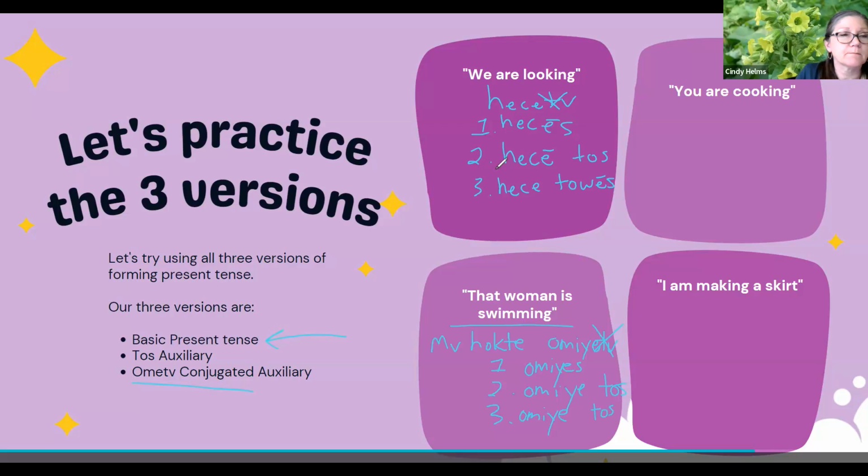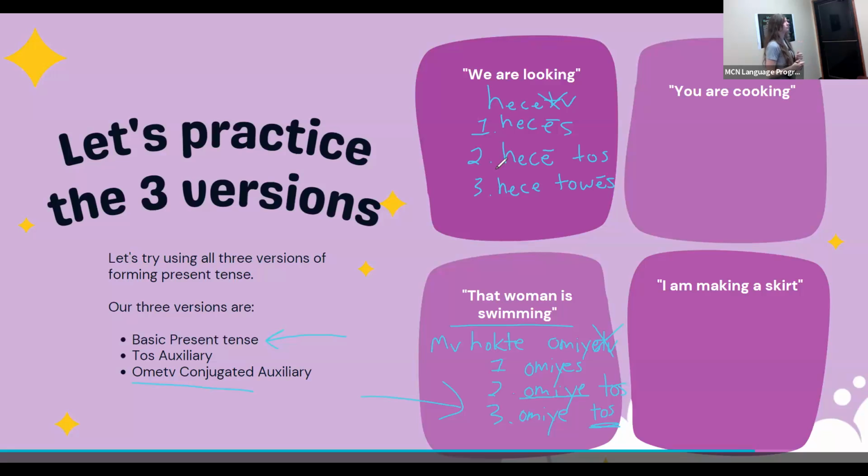So 2 and 3 in third person singular look the same. Omeidos, omeidos. Because dos is conjugated for third person singular, and this is the conjugation for third person singular. So it looks the same. You can't tell the difference on that one.